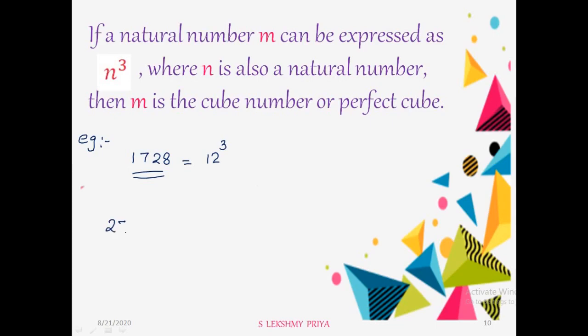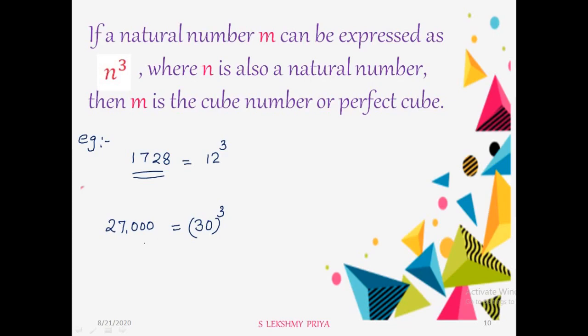What about 27,000? 27,000 we can write like this. What is it? It is 30 into 30 into 30. 30 cube equal to 27,000.